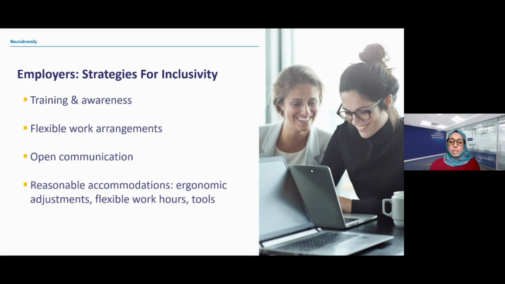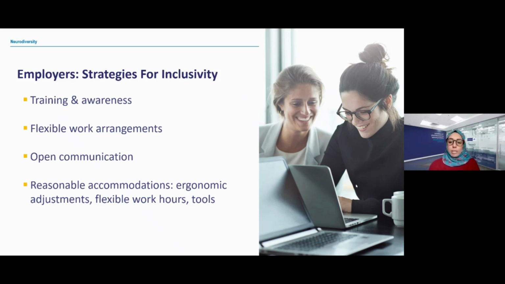Another thing you can do is maybe collaborate with individuals to identify reasonable accommodations. So this might include ergonomic adjustments, such as chairs or keyboards. Also, flexible working hours, which we've discussed, or specialized tools that can facilitate daily tasks.